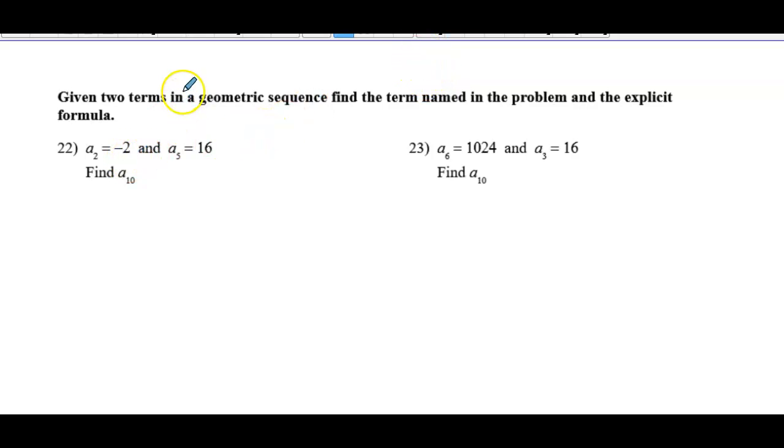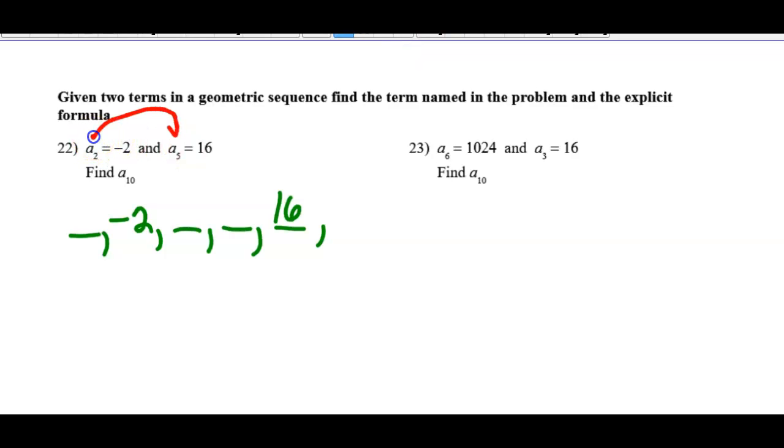All right. So when you have two terms in a geometric sequence, again, this was something, negative 2, term 3, term 4, term 5, and then, whoops, term 5 is 16, sorry. So what you have to say to solve this is from here to here, there were 3 r's multiplied on there.